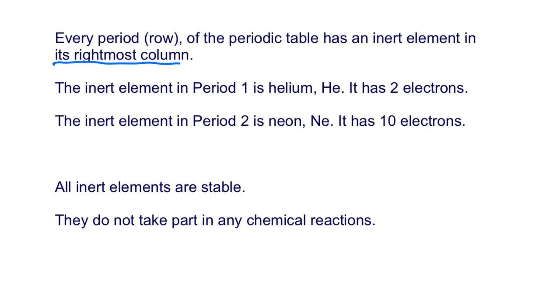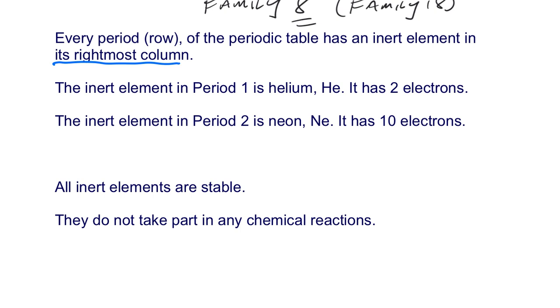Okay, the inert gases, also called noble gases, are in family 8, or family 18 if you want to count all the guys in the middle as different families. But I like to do family 8.